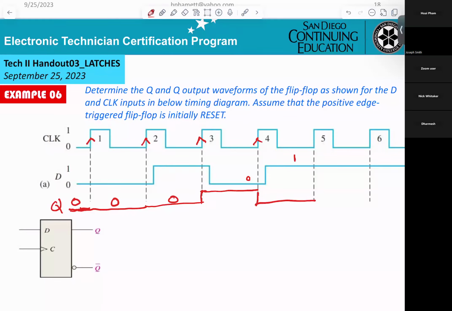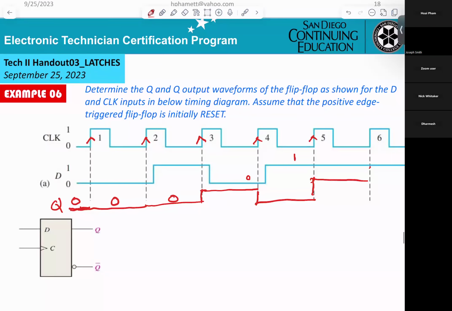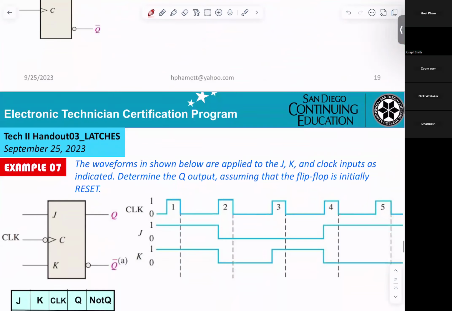And now the clock goes 0 to 1 here, Q goes to 1, and D equals 1. At the transition they still stay 1. Yeah, basically, if you understand, that's not a problem.